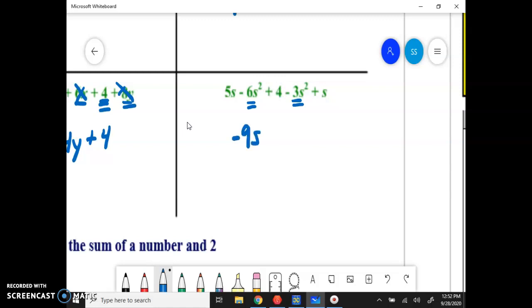And we're talking about s squareds. All right, so we're done with that. Now let's combine our s's. I got 5 s's here, 1 s there, so that would be 6s. And now again, just like last time, I've got this 4 sitting by itself. I can't do anything with it, but just drop it down into our answer. All right.